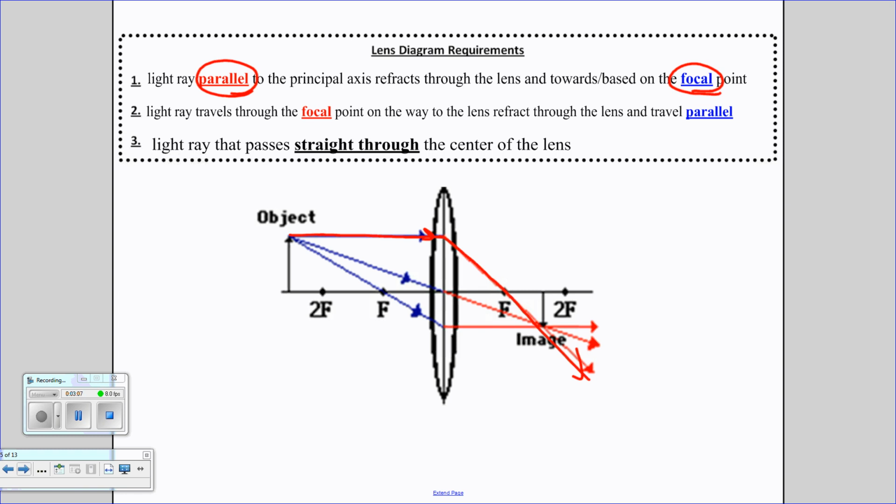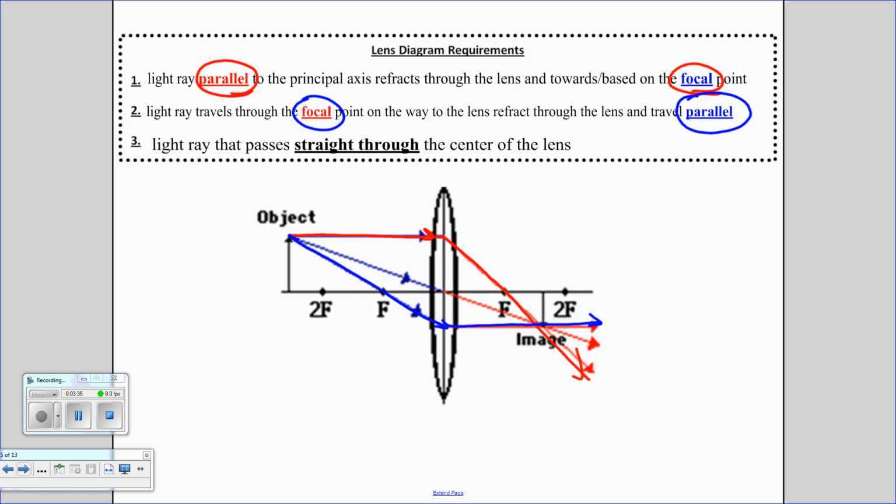Line 2, in through the focal, out parallel. So I go in, excuse me, that's the wrong one. In through the focal point and out parallel.